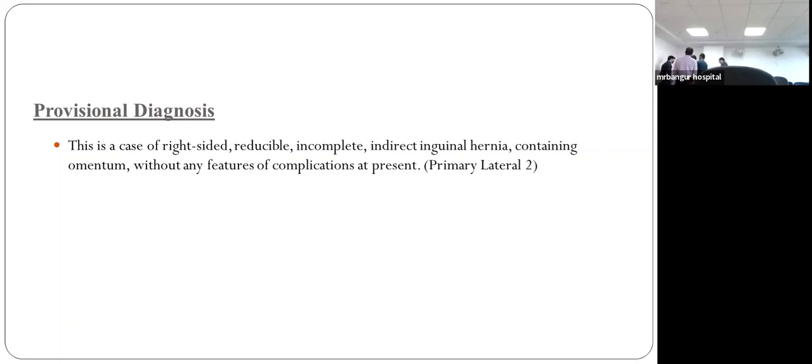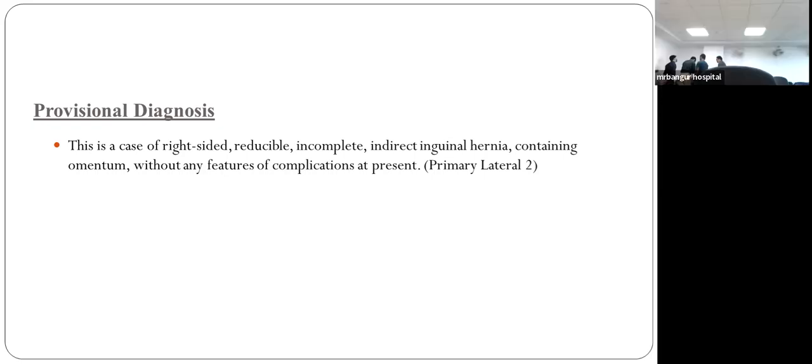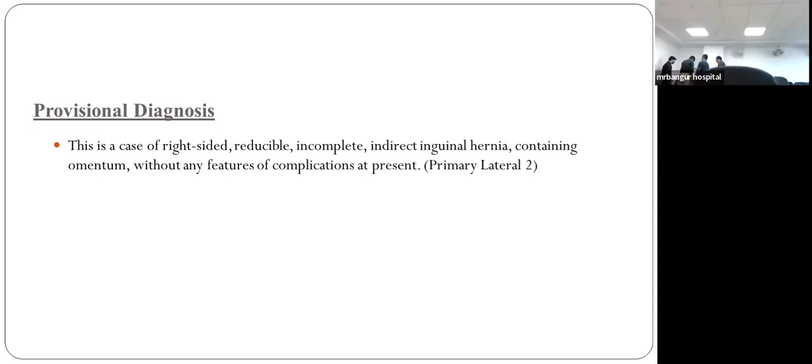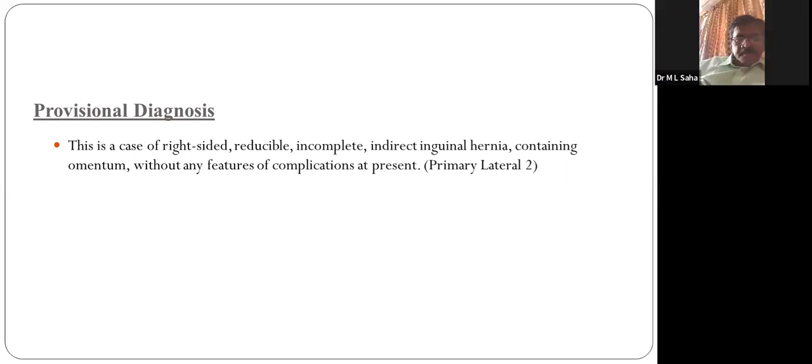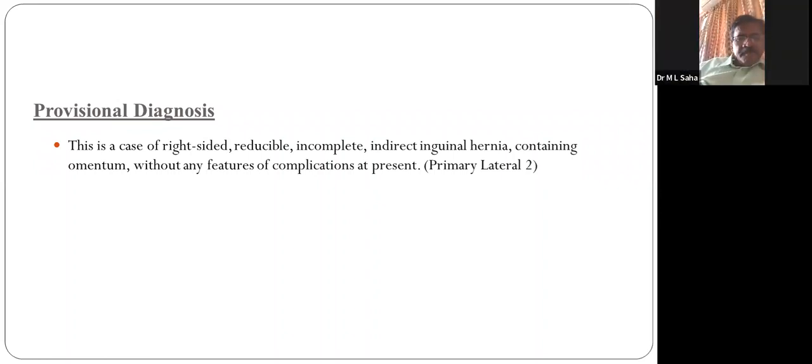We'll ask the patient to flex the joint at the hip and the knee. Once that is done, I'm standing on the right side of the patient, and my right hand I will place over the swelling and slowly try to reduce it, the bottom of the swelling.